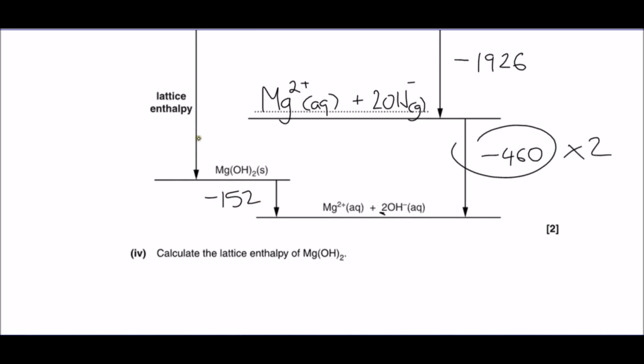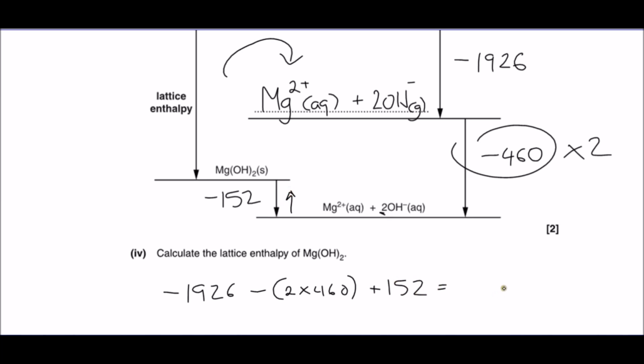Lattice enthalpy is what's missing, that's pointing down, so we're going to go clockwise around this Born-Haber cycle. We're going to have minus 1926 because we're going with this arrow pointing down. We're going to have 2 times minus 460, and then we're going against this arrow, so we're going to change the sign, so plus 152.